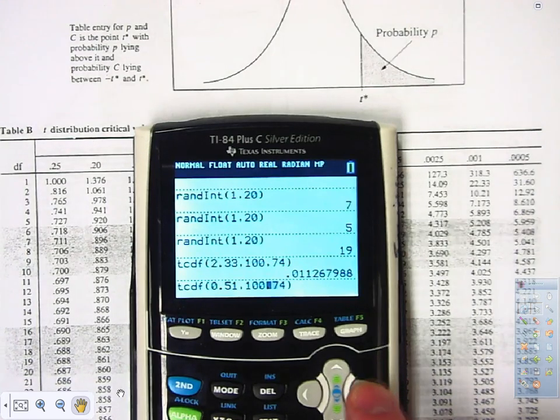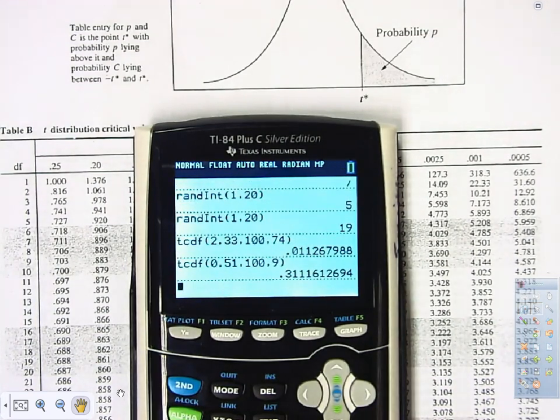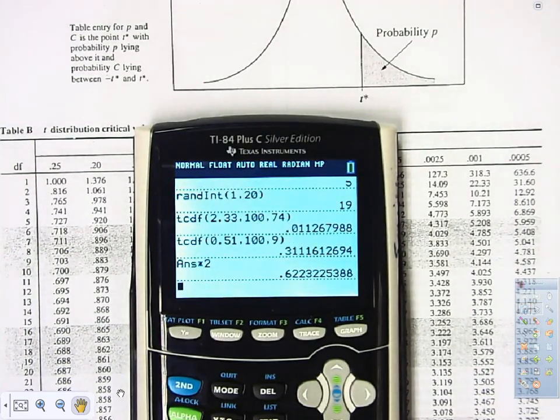I've got to change my degrees of freedom to 9, because the sample size was 10, right? And hit enter. There you go. Now, that's just one tail. So I need the second tail factored in as well, so I'm going to multiply that by 2. And so the p-value is actually 0.622, which is at least 0.5. So remember, if we're doing a two-tailed test, we've got to multiply that p-value by 2. All right? Good.